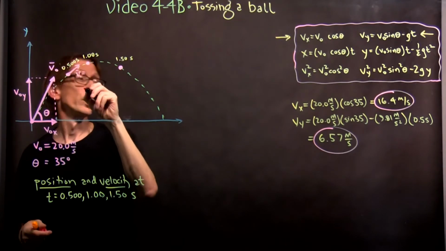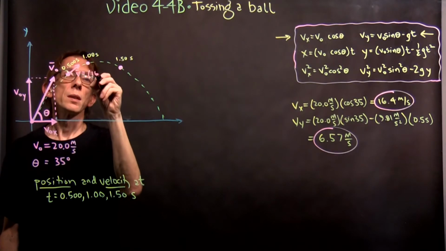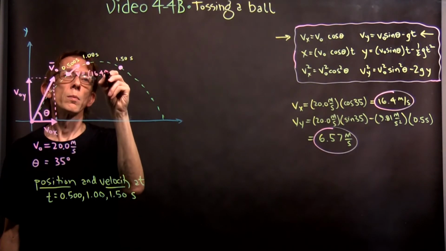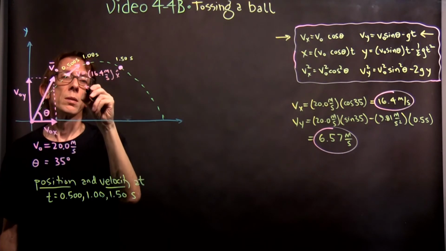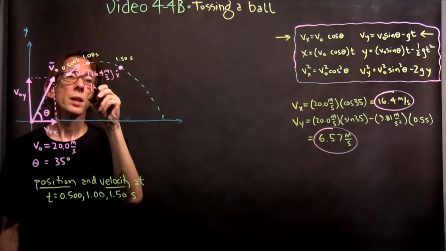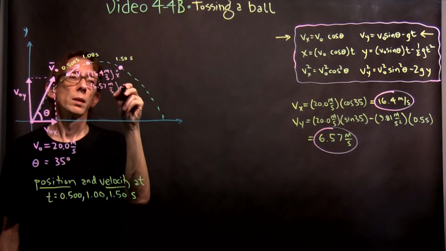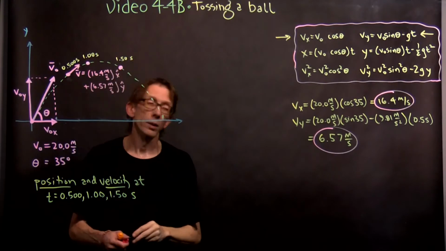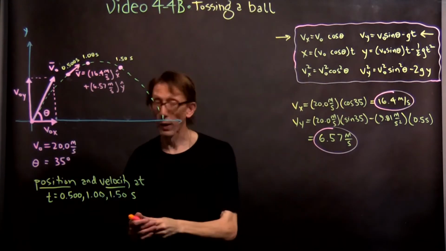And it is equal to 16.4 meters per second in the x direction plus 6.57 meters per second in the y-hat direction. Okay, so I should probably just write that over here.